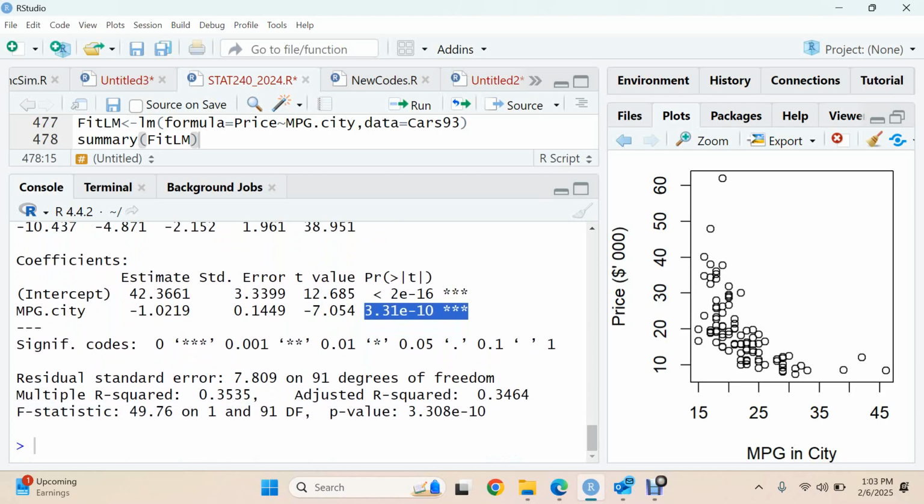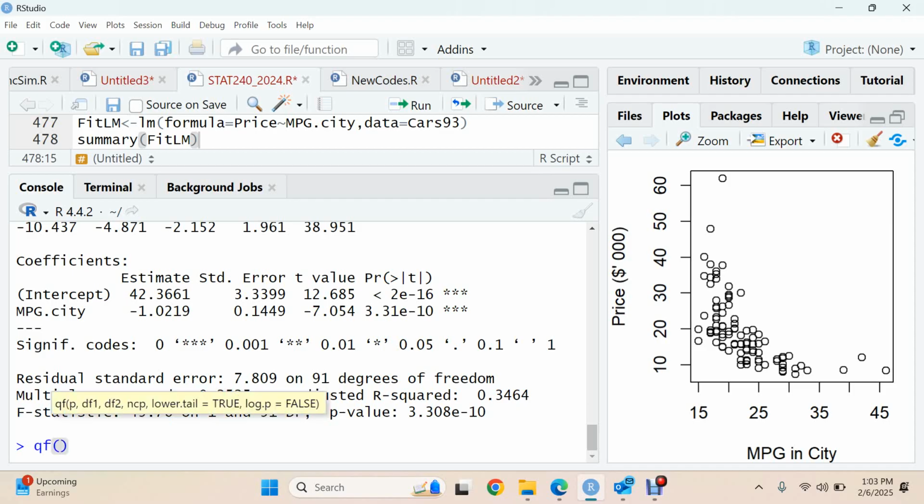Another way around is what you did in 223, which is the ANOVA table. That is what you see over here as F. So it's 449.76. Remember that you reject if F is greater than what you read from tables. What can we read from the table? It's F with 1 and 91 degrees of freedom, at 0.95.